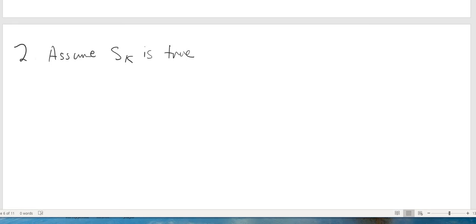So what we're saying here is in the formula, instead of n, you put a k. So everywhere you had an n, you replace it with k.